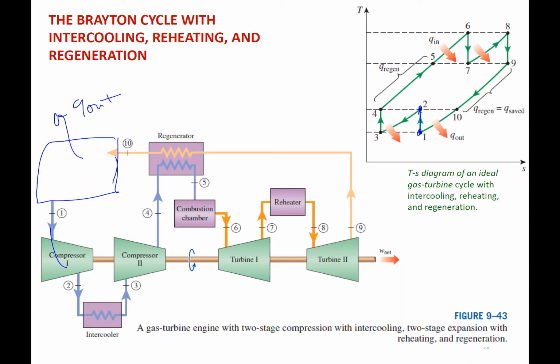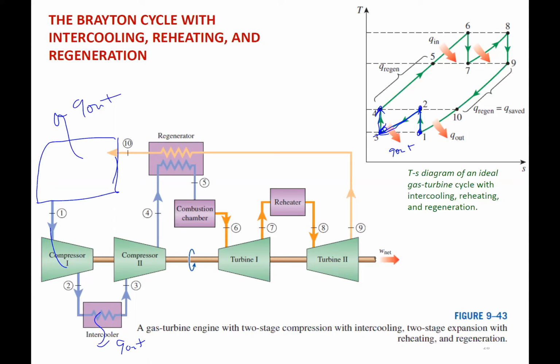Then we have our intercooler, so at constant pressure, we're rejecting heat, so there's some Q out there. Going from right to left, we decrease entropy. So that's Q out. And then 3 to 4, we isentropically compress again, so we raise pressure and temperature, but keep entropy constant.